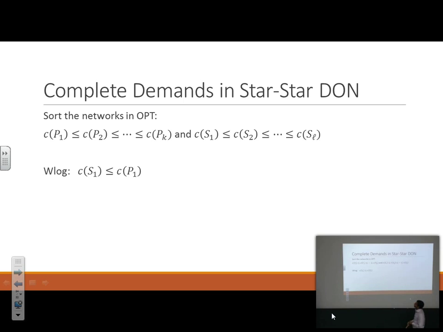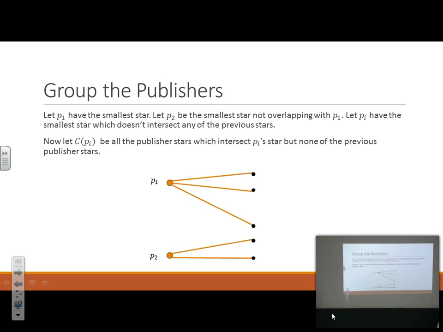Okay, all right. So again, let's sort the networks in increasing order, right, on both sides. Okay, tentatively, let me assume that S1's tree is cheaper than P1's tree. Okay, all right. So now we do the usual facility location trick. Remember that trick. In facility location, you typically go in increasing order of cost.